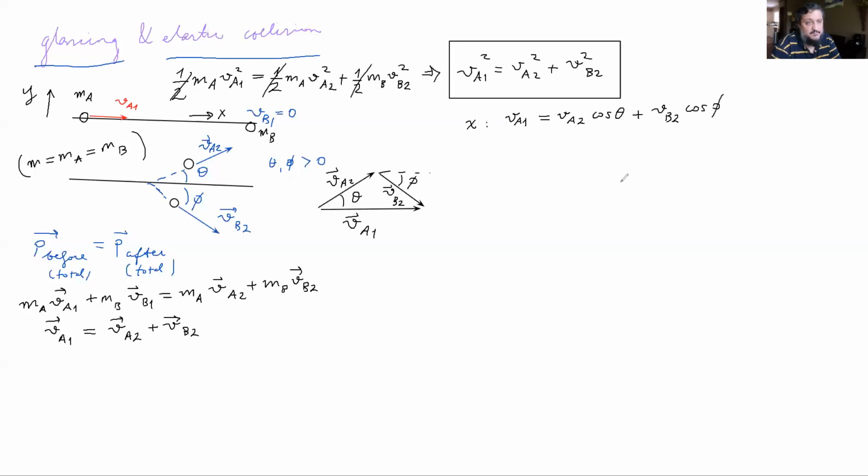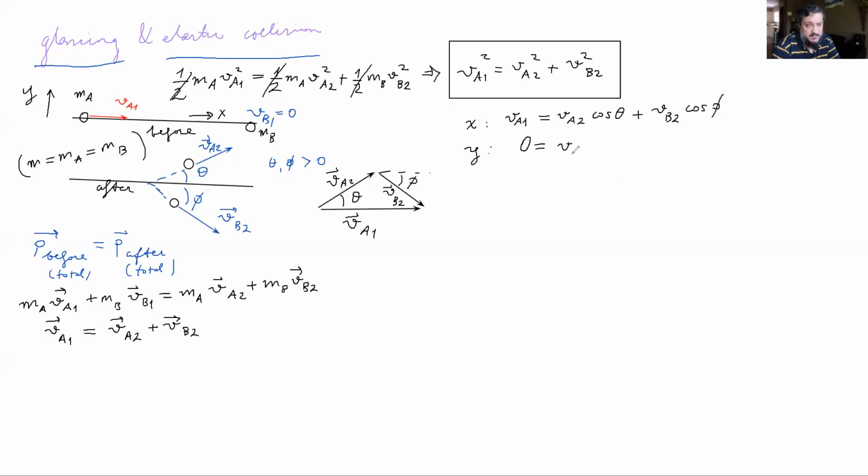cosine phi. Now along the y direction, actually there is nothing in the beginning. Before the collision, this is before, this is after. Before the collision, there is no momentum component in that direction. There is no velocity component either, so just 0. And after the collision, we have y components.